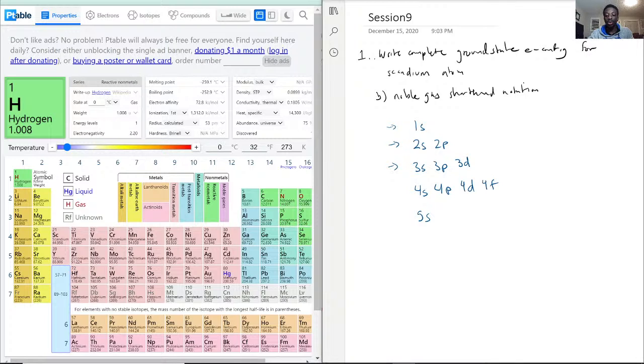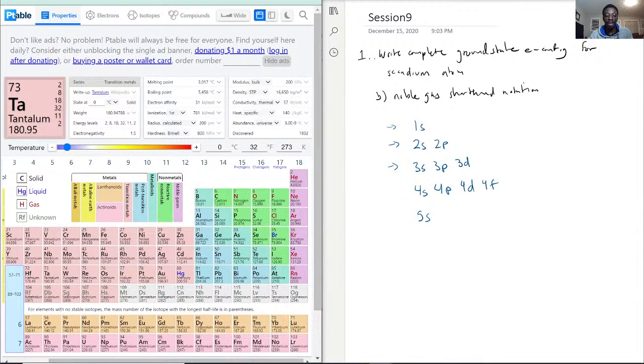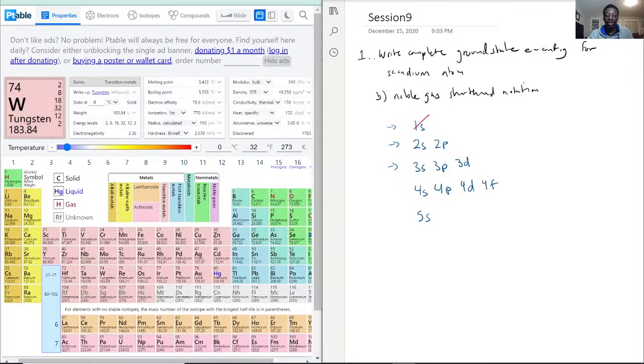So each s orbital can fit only 2 electrons. P orbital, that's 6 electrons. D is 10 and F is 14. So considering that we're starting from hydrogen and helium, we're counting through the periodic table, okay? We only have this filled out so far. So we have 1s2 because those are filled, okay? And then we move on to lithium, beryllium.